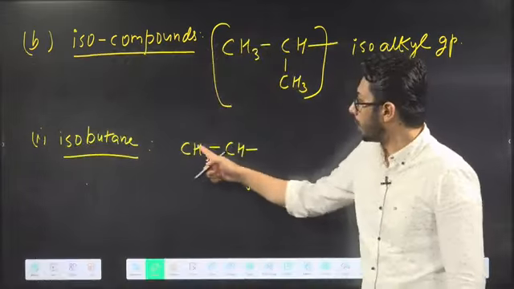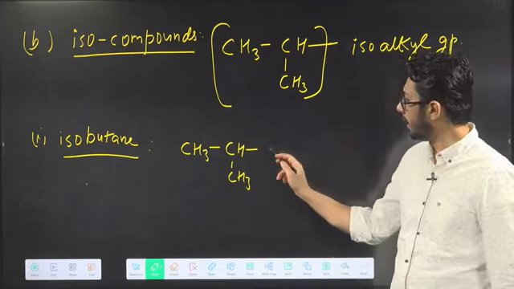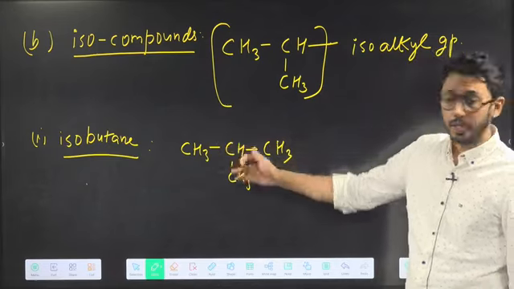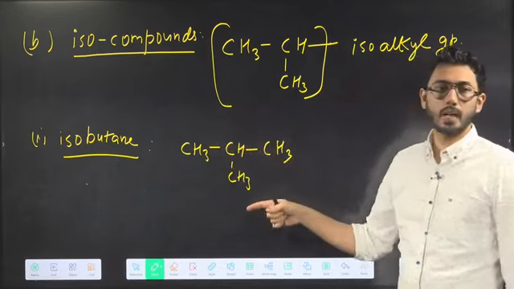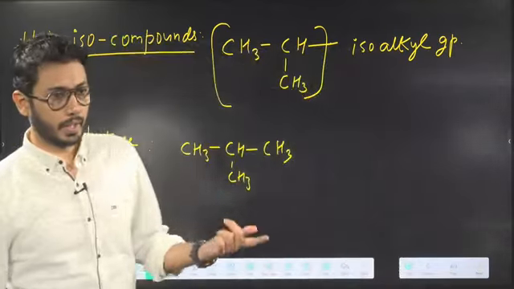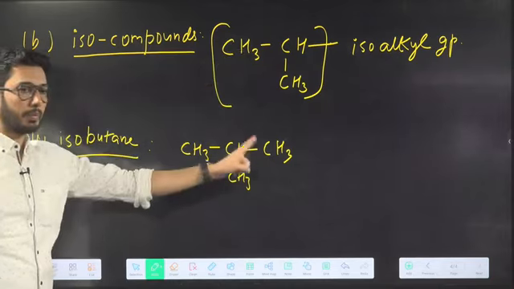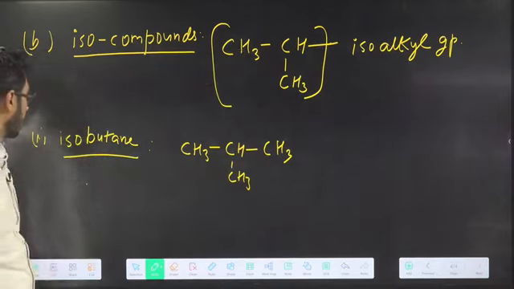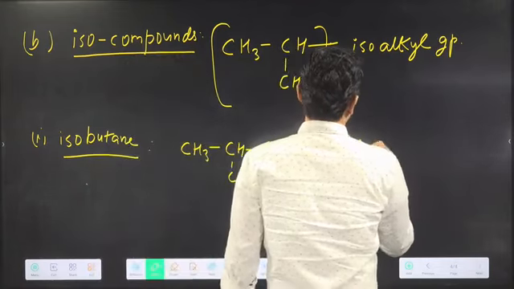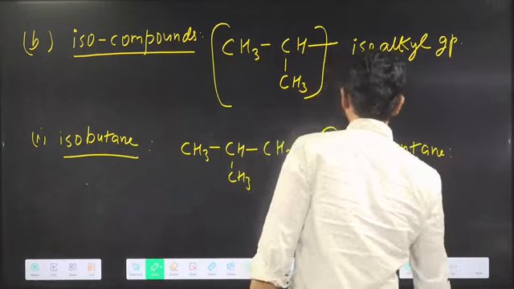Here how many carbons are completed? 3. So you will write 1 carbon only like this, and this becomes a total of 4 carbons. In the straight chain on the second carbon there is a methyl group. It is isobutane. Iso, total carbon 4, butane. Now you can try the next one, isopentane. Try to write it.